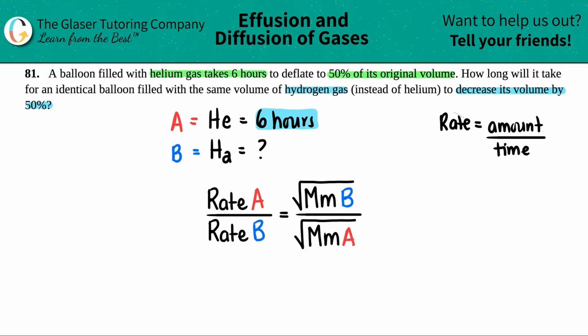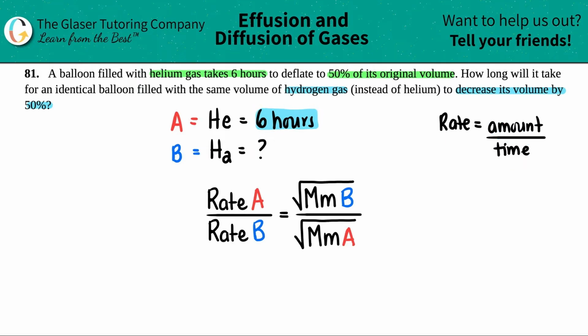So in this case, the amount that is being dropped down, it's deflating to 50% of the volume. If the amount of helium that's being deflated is the same as the amount of hydrogen, we could basically cancel this out, right? Because if they're the same, we don't care about that variable. And now we're just left with the time, and that's where the 6 hours come in.